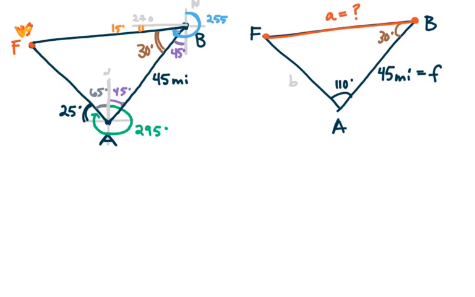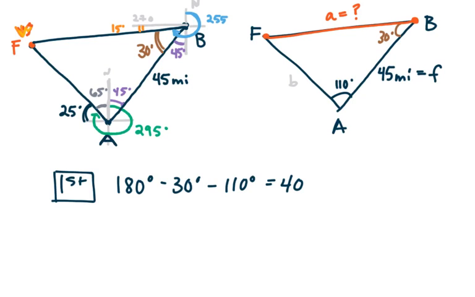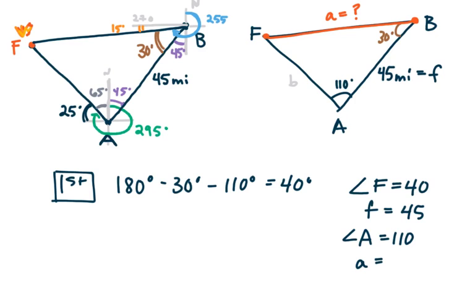Angle F we can find by saying, well, I'm going to take 180 degrees and subtract the two angles that I know, 30 and 110, which gives me 40 degrees. So angle F is 40 degrees. Side f is 45. We know that angle A is 110. Now we have enough information to set up our law of sines.